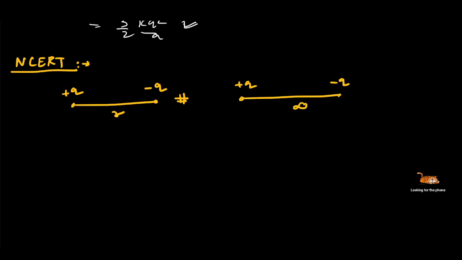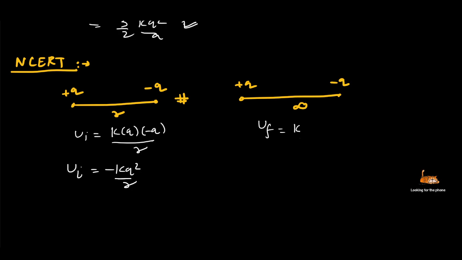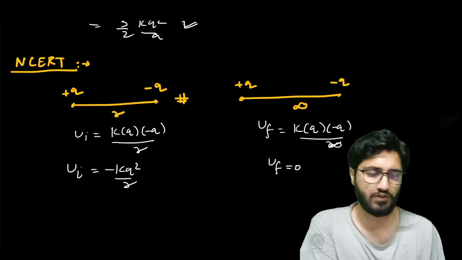What is the work done? Initially I will write K, one is Q, the other is minus Q, by R. Finally it is K, Q, minus Q by infinite. So U initial is minus KQ square by R. 1 by infinite will be 0, so U final will be 0.